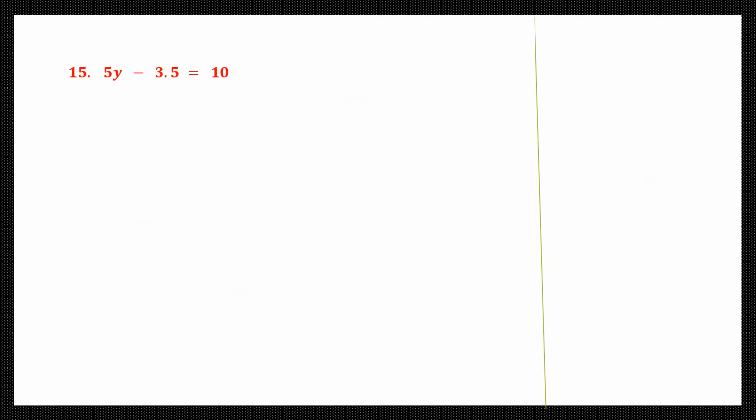Question 15. 5y minus 3.5 equals 10. So first step we solve for 5y. So that will be 10 and transposing 3.5 to the right hand side it becomes plus 3.5. So what is the value of 5y? 10 plus 3.5.